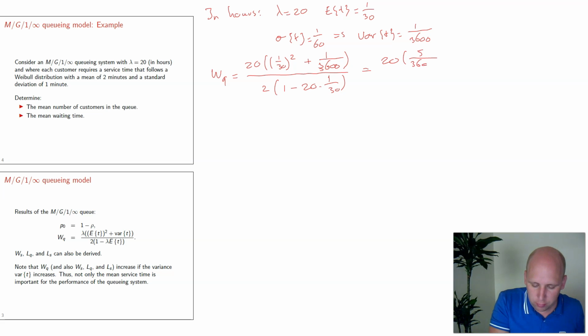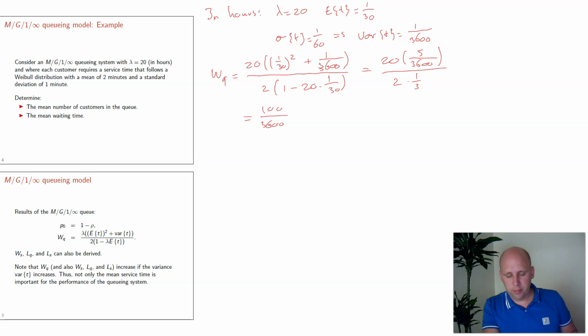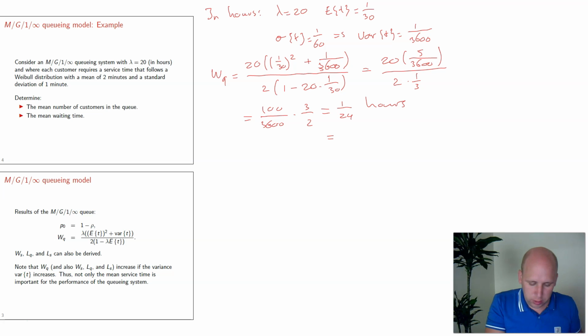This can be written as 100 over 3600 divided by 2 times 1 over 3, and instead of dividing by 2 over 3, we multiply by 3 over 2. This is equal to 1 over 24, and we are talking about hours. So the mean waiting time is 1 over 24 hours. We can also write it in minutes, of course, and then we get 2.5 minutes. So this is the mean waiting time.